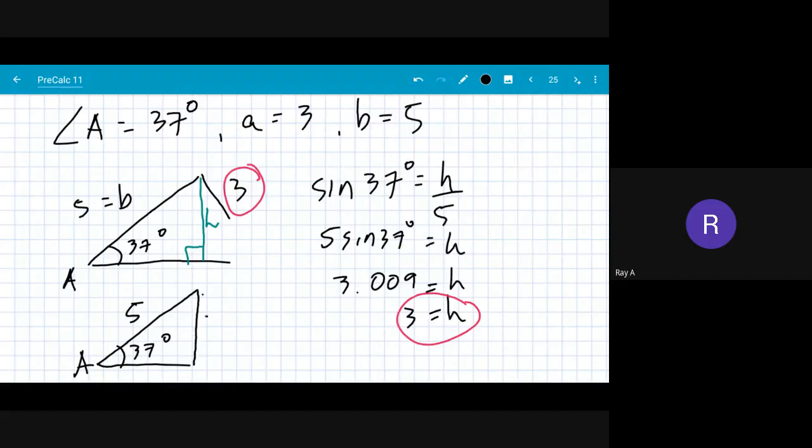It would have completed it. So what does it mean? In this case, yes, there is one triangle possible.